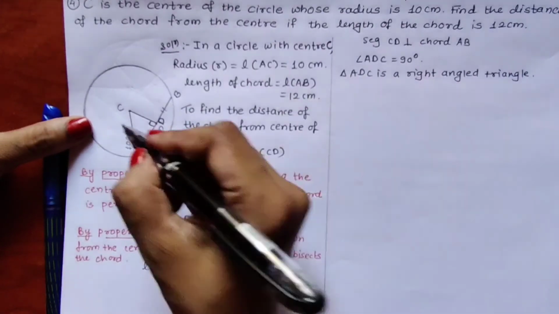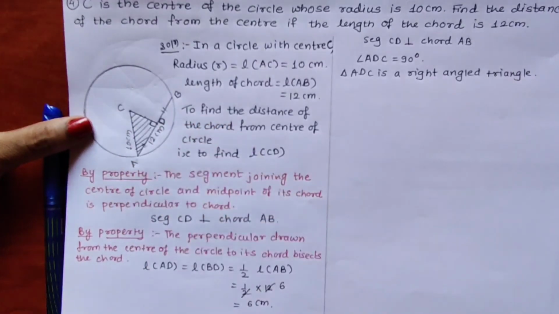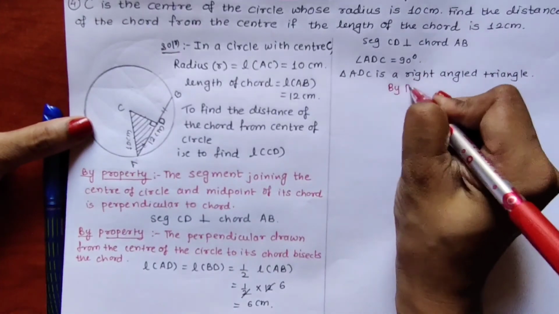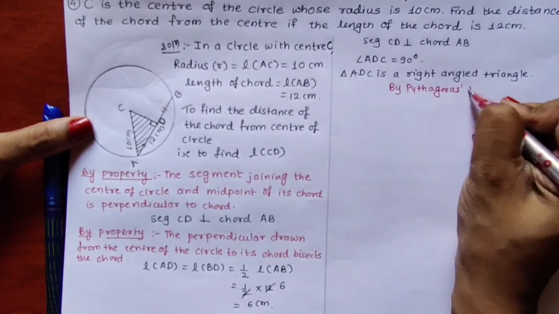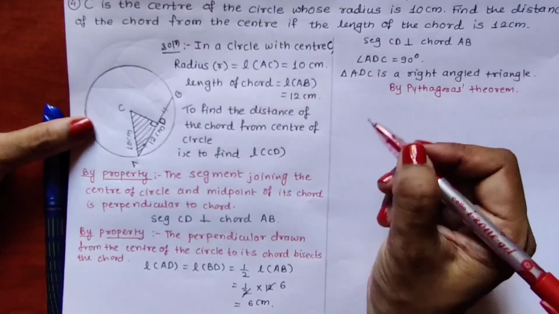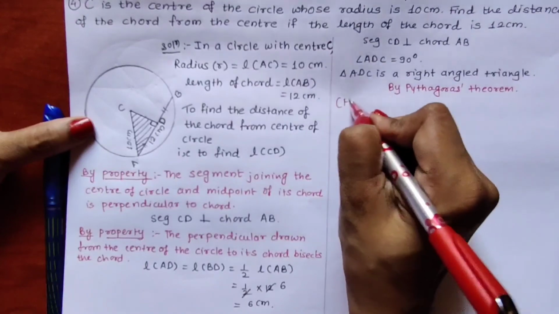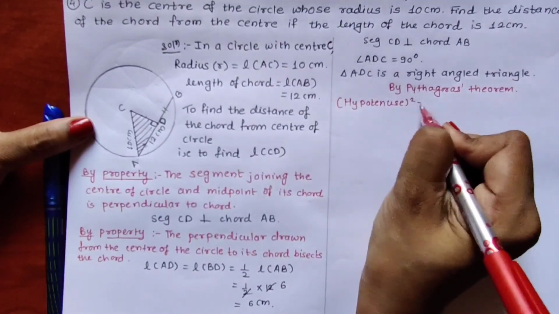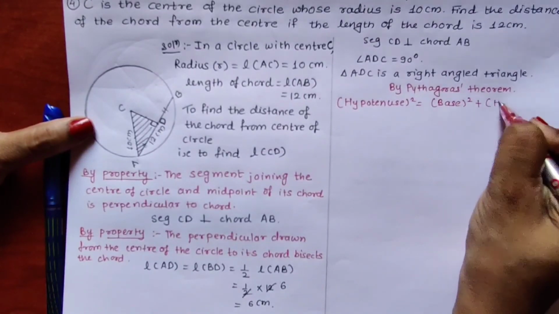So we have got a right angled triangle here, and in a right angled triangle we can apply Pythagoras' theorem. Till now we have used Pythagoras' theorem in previous sums, second and third. So here also we can use the same theorem. Hypotenuse square is equal to base square plus height square.